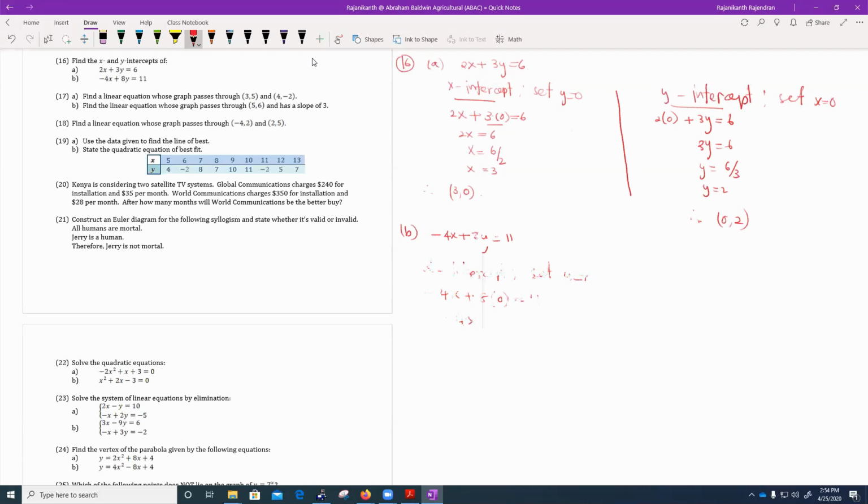Therefore, negative 4x is 11. Divide by negative 4 on both sides, so x is negative 11 over 4. Therefore the intercept is (negative 11 over 4, 0). That is my x-intercept.